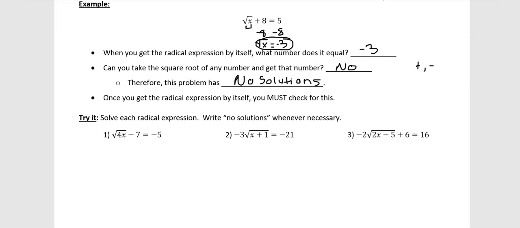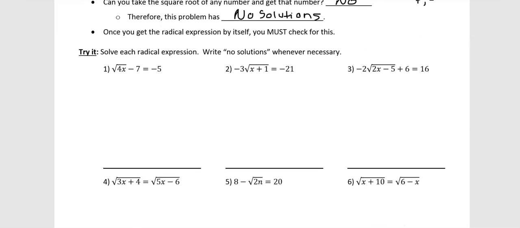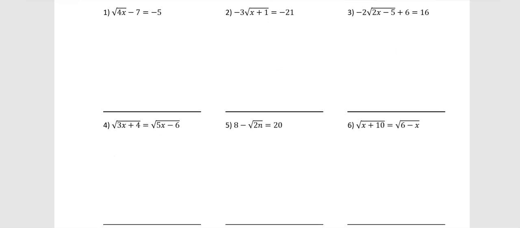So I'm going to take you through a couple, just making sure we are checking for negative numbers, and I'll show you exactly where to check. So right here, let's just go through. As of right now, this would be a no solution, but we always need to isolate the radical expression first, then we check for it. So still go through this process, and now look what you have.